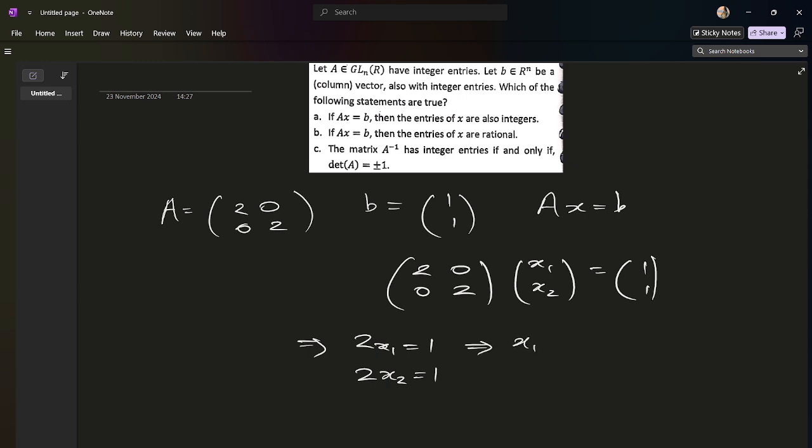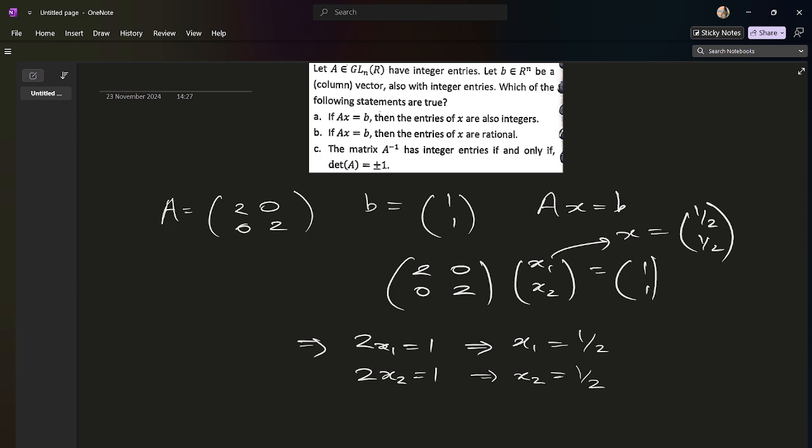So we get x1 is half and x2 is also half. So our solution x is now (1/2, 1/2).